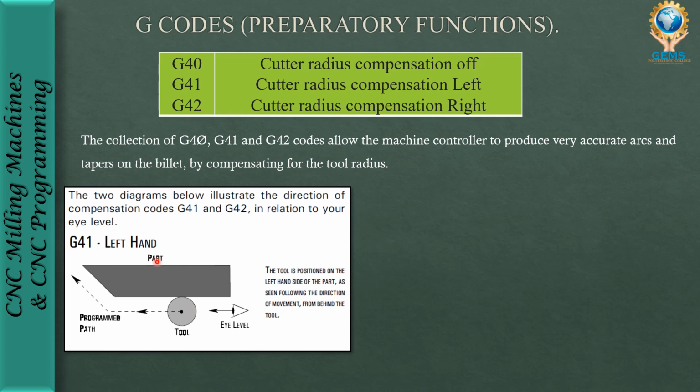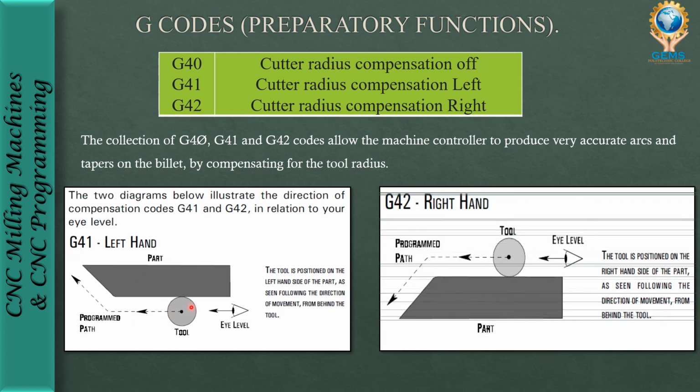So the tool is positioned, for example, if you are seeing from here, this is our eye level position. From eye level, you can see the tool will move towards the left. The direction of the tool is towards the left. And here, for example, this is the right hand motion.